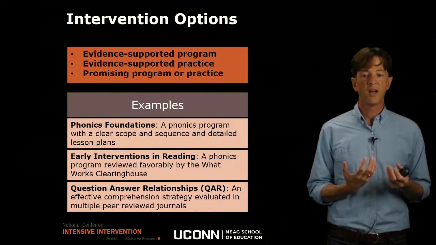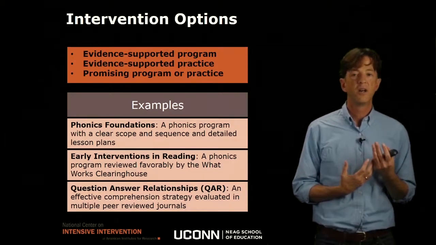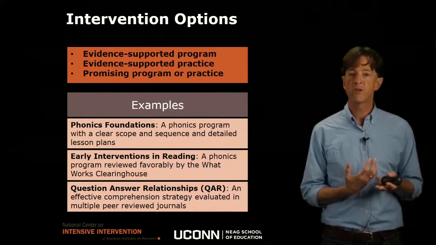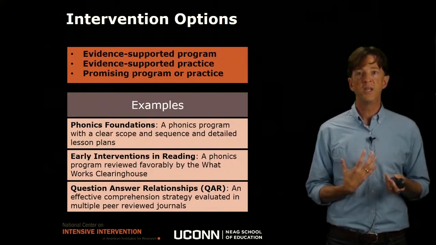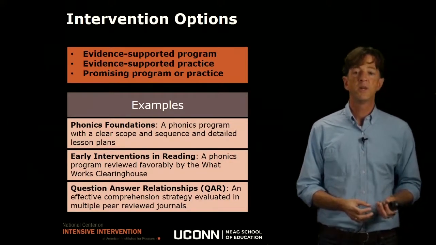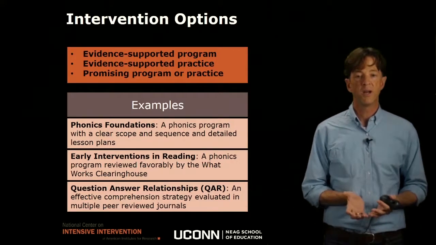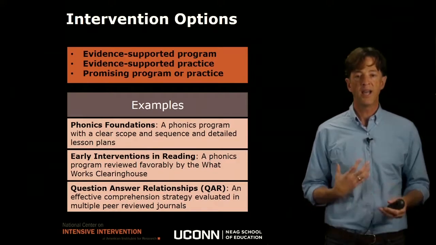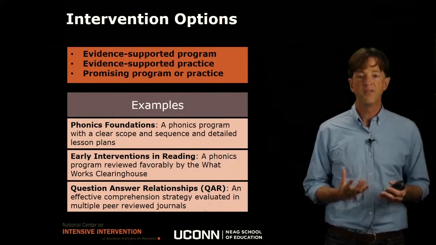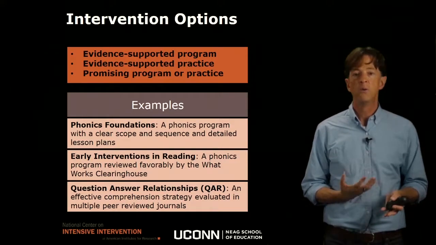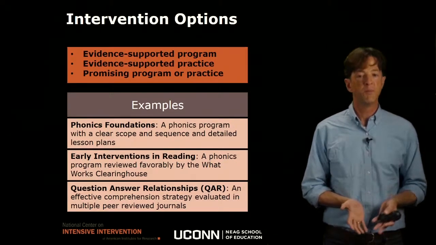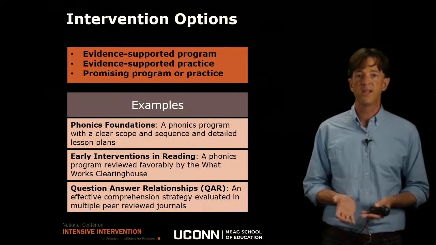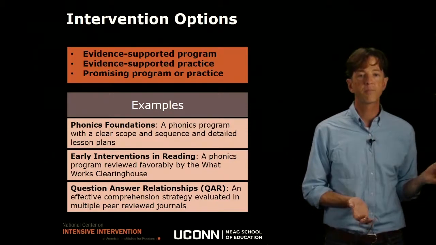This is an effective comprehension strategy evaluated in multiple peer-reviewed journals. So this would be an evidence-supported practice because we don't have information about a comprehensive program for teaching this strategy. Instead, we would have guidelines from the research that this is an effective strategy in itself. We would have to do some work figuring out how we would implement it in schools with kids and how we might do it over time.